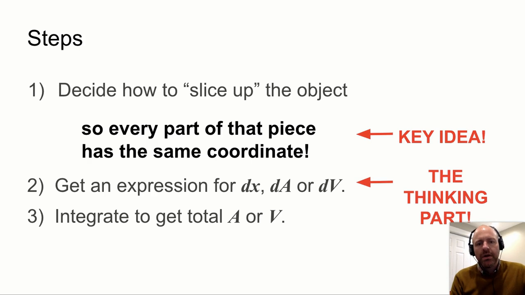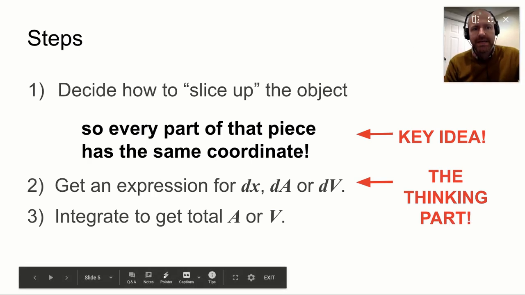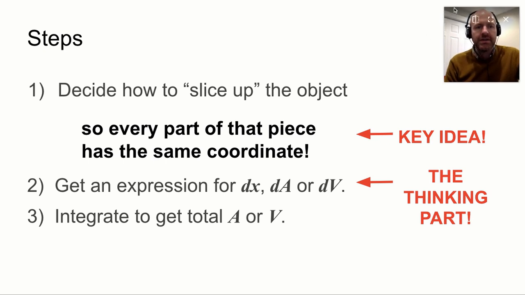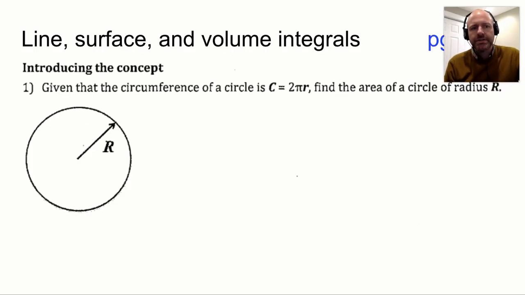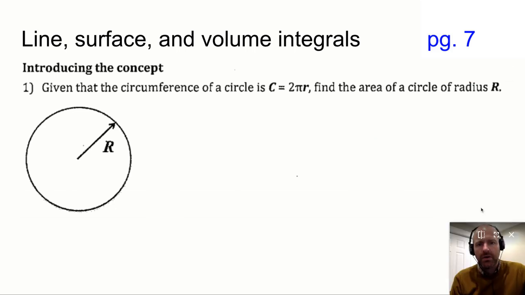The thinking part, the part you have to actually work on, is to do this expression for dx, dA, dV, the spatial variables, because you can't integrate with respect to mass. This is all on page 30 of the packet if you want to follow along.